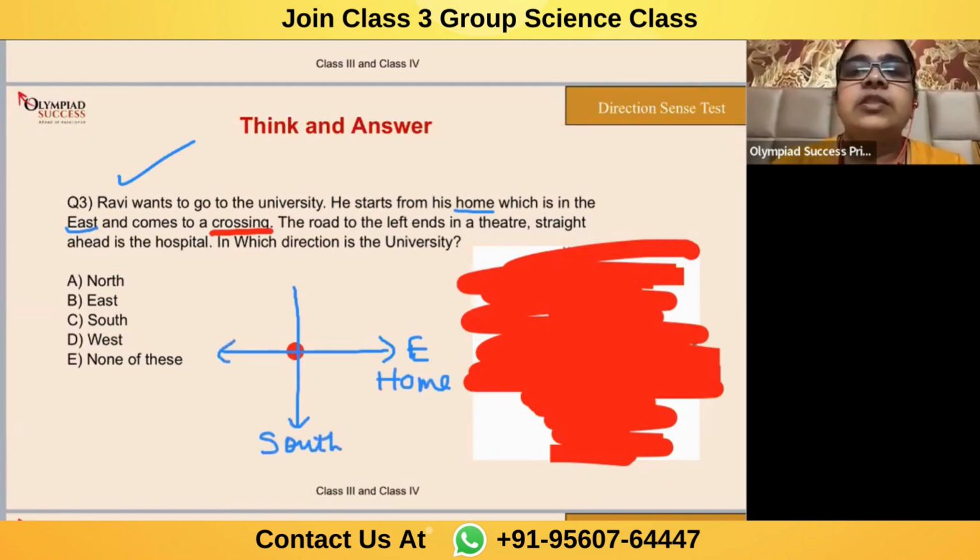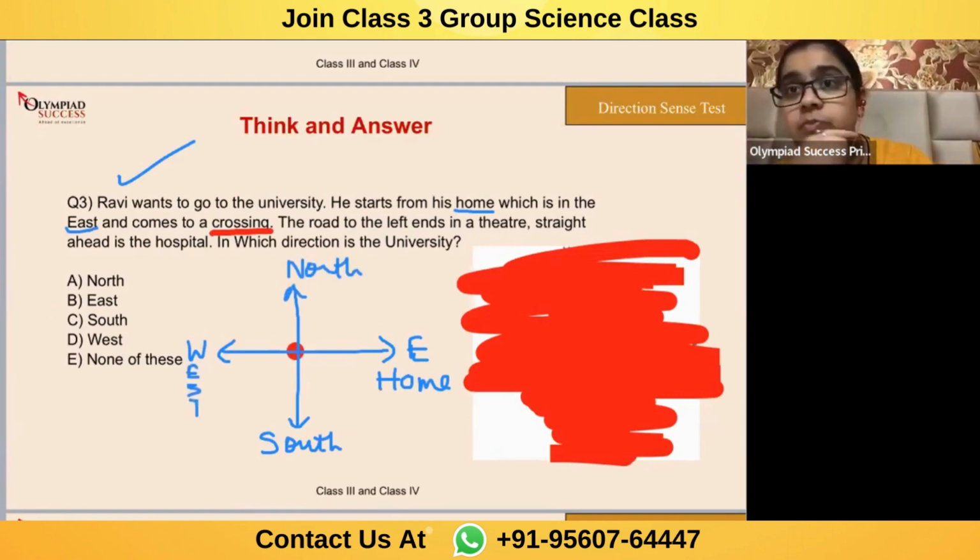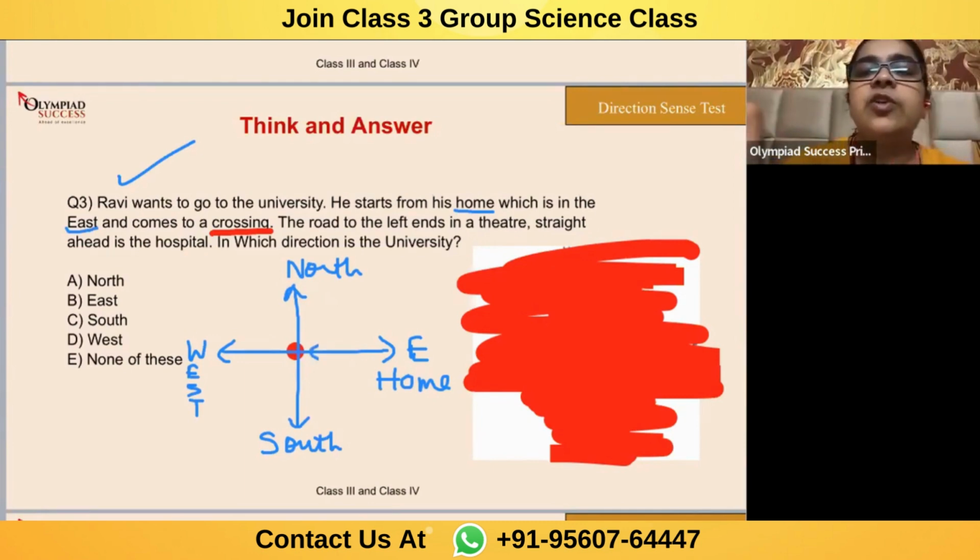Shivain has come up with an answer. We don't know whether it is right or wrong. We know one thing from the second sentence, that home is in the east. So Ravi is coming from the home towards the crossing, that means the center point.